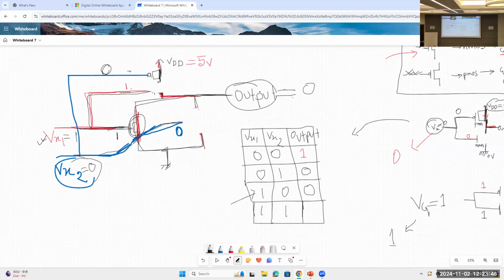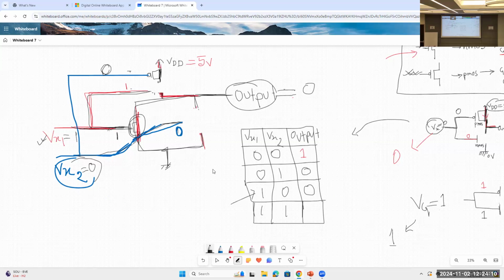When the output is connected to VDD, the output becomes 1. When the output is connected to ground, 0 volt, the output becomes 0. So these 4 transistors are controlling the connections between the output and VDD and the output and 0 volt.